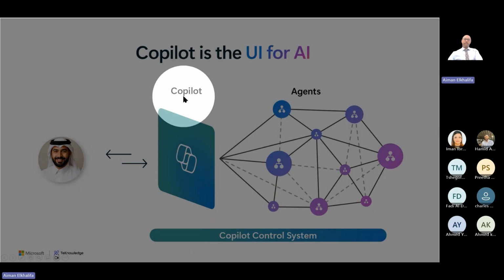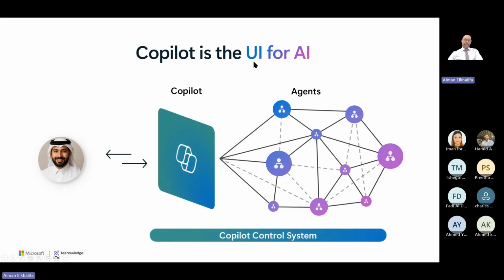That's why we call it the UI for AI. Copilot is the UI for AI. It's one interface, but a gateway and a door to a whole lot of possibilities, and it's all under your governance control and security control.